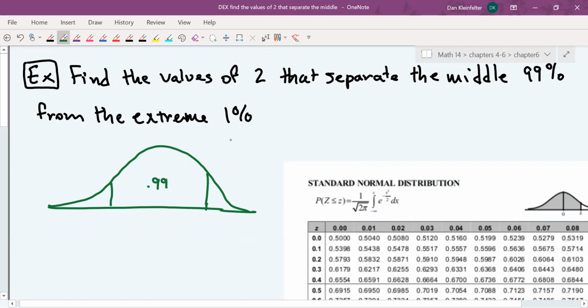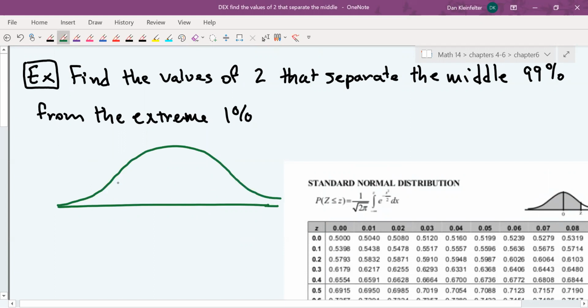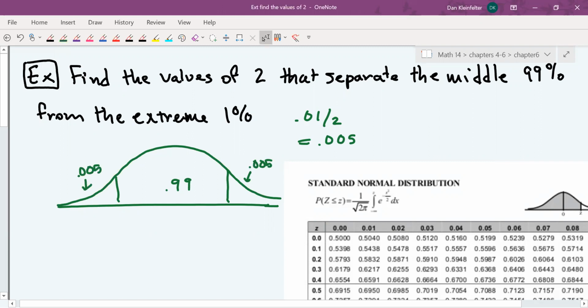Using symmetry, if we have 1% split among the two tails, then half of 1%, which is 0.01 as a decimal, will be 0.005. So we'll have 0.005 in the right tail and 0.005 in the left tail.